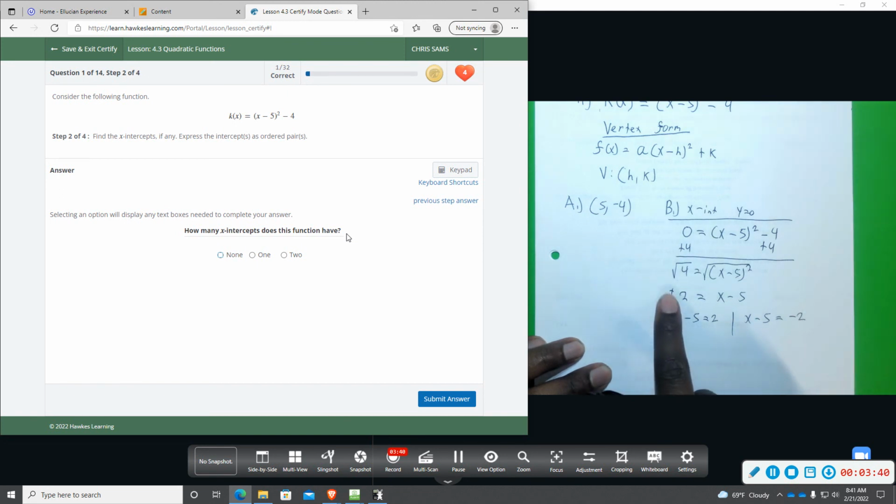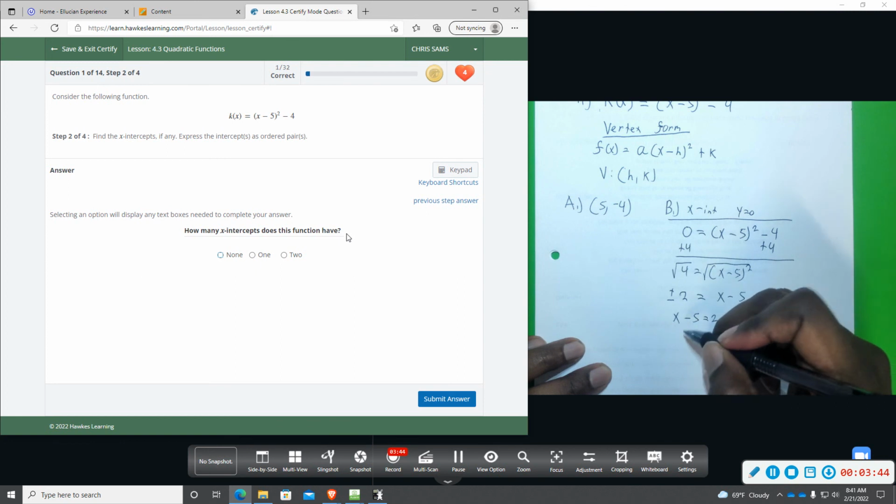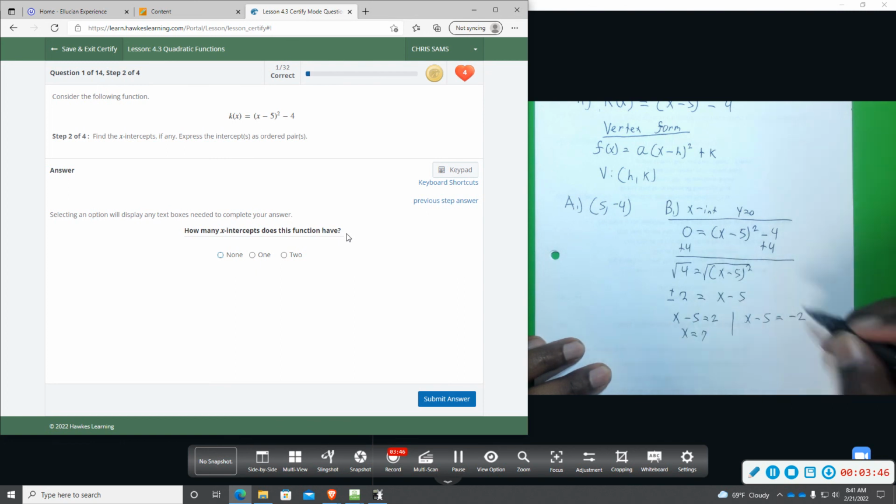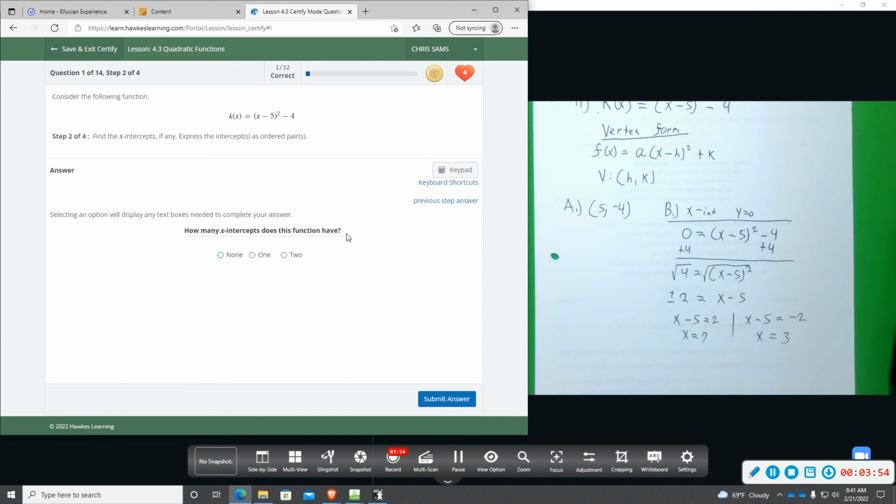So you've got to evaluate that plus or minus with both. You add 5, and that gives us x equals 7. When we add 5 here, we end up subtracting, and that gives us x equals 3. So we get 2 x-intercepts, and they are 7, 0, and 3, 0.